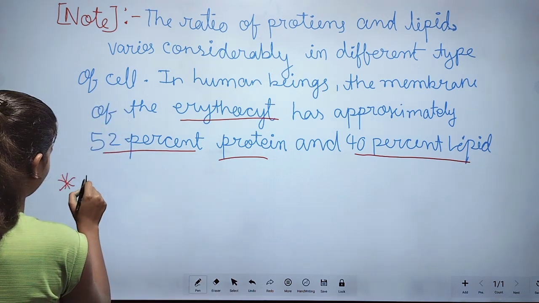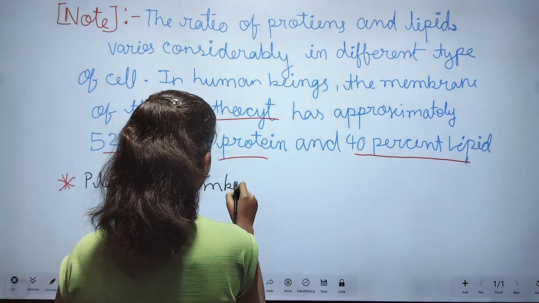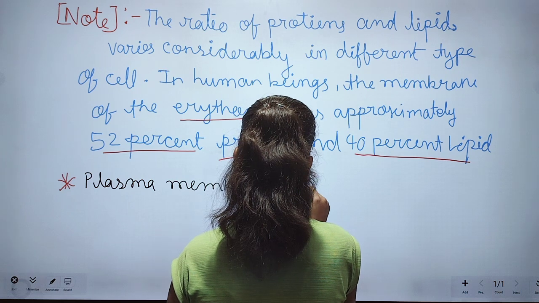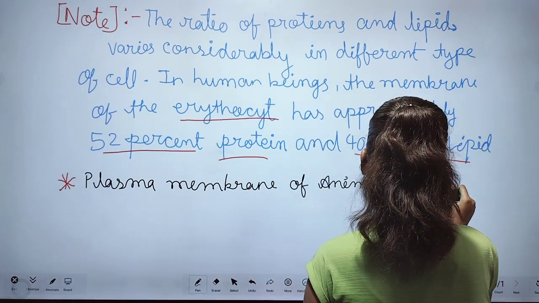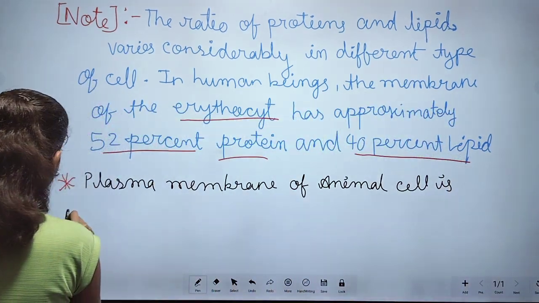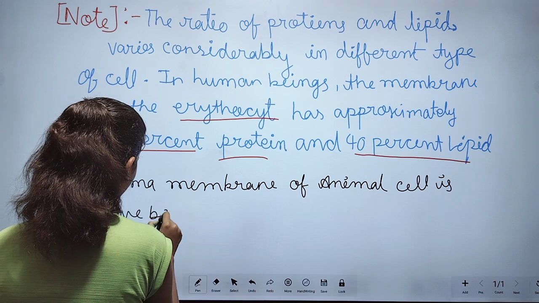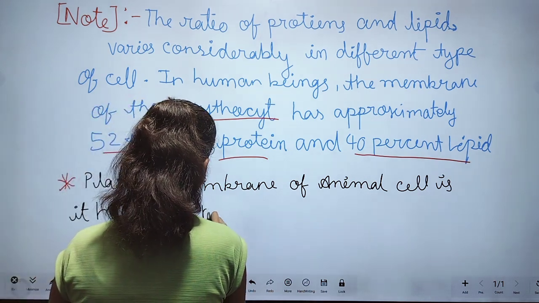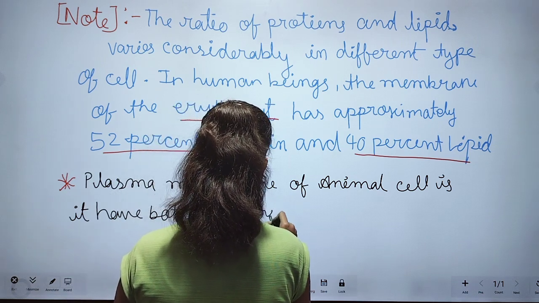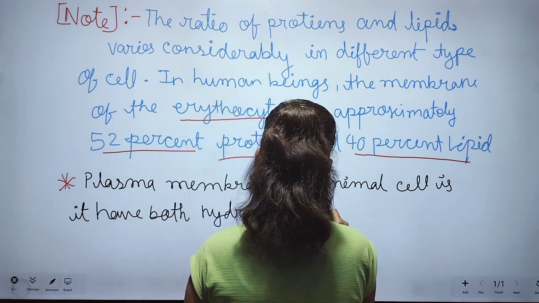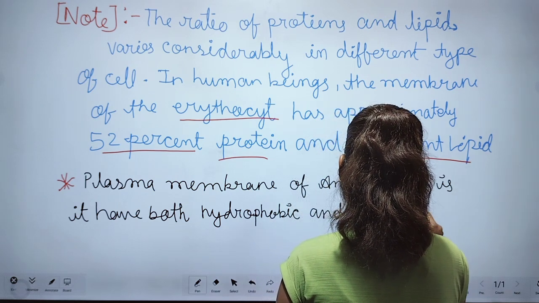The next point is that the plasma membrane of animal cell has both hydrophobic and hydrophilic parts.